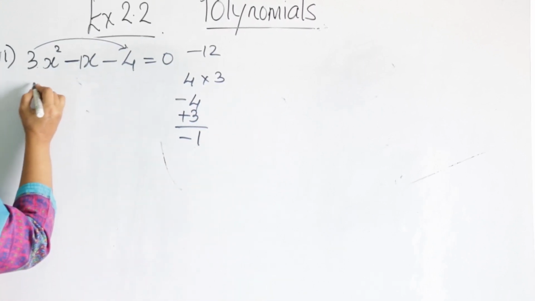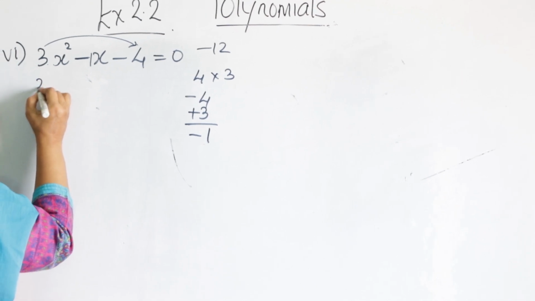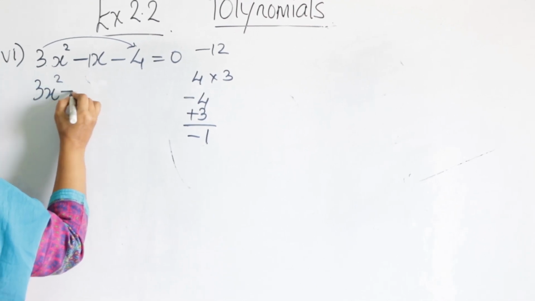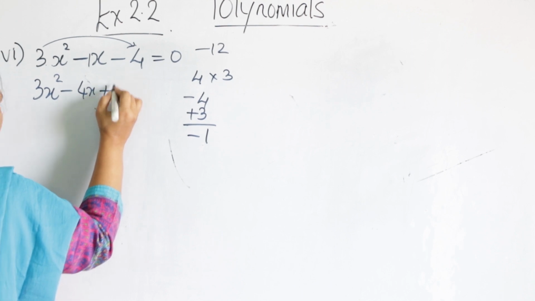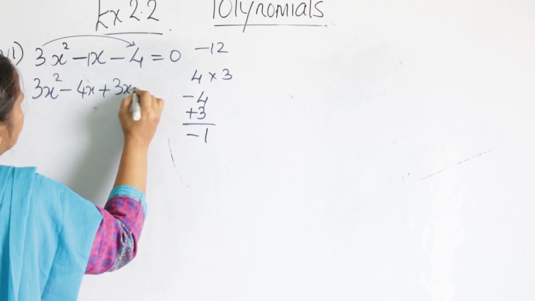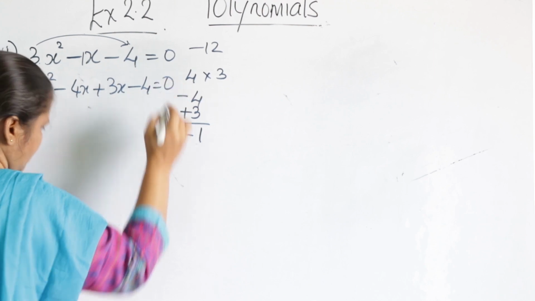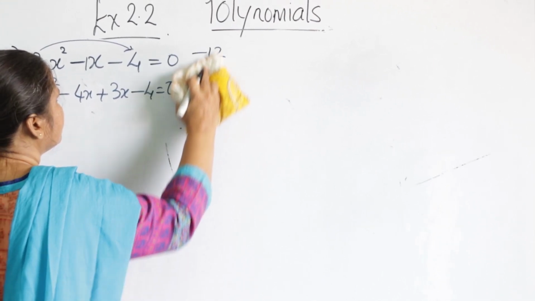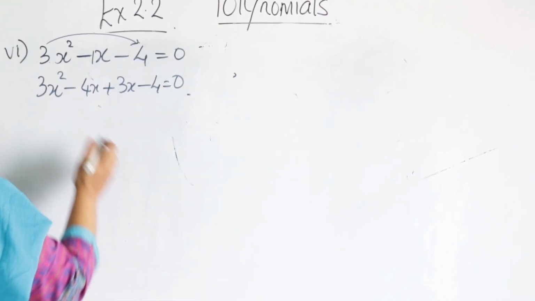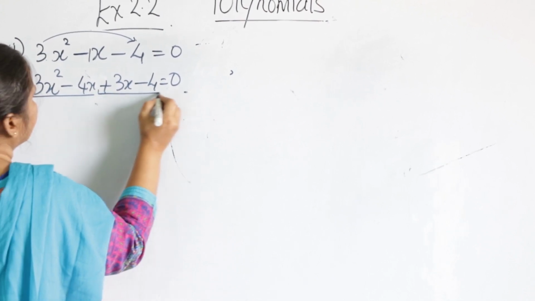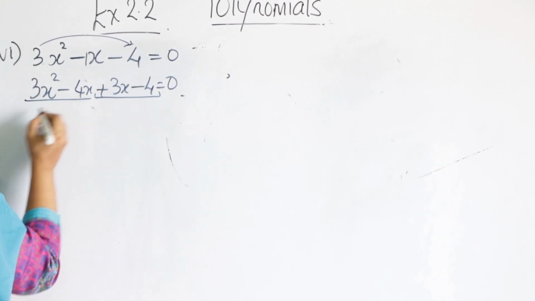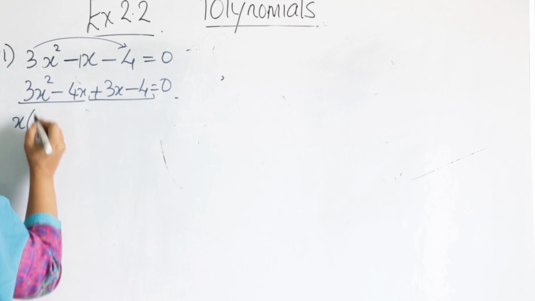Now let's split the middle term. 3x square minus 4x plus 3x minus 4 equals 0. Next, grouping along with the sign. Let's take the common factor, it's only x here.